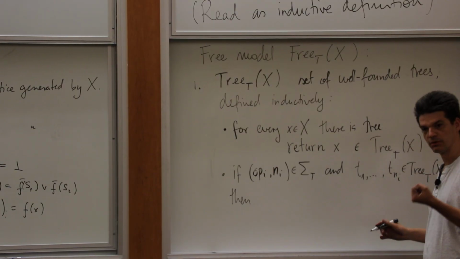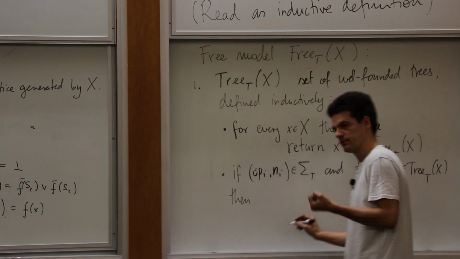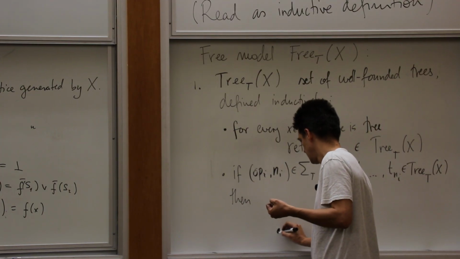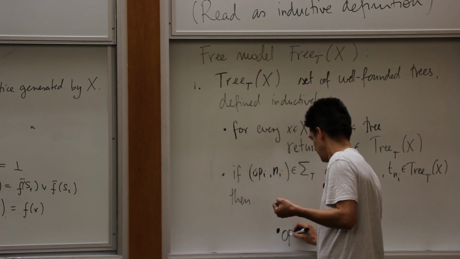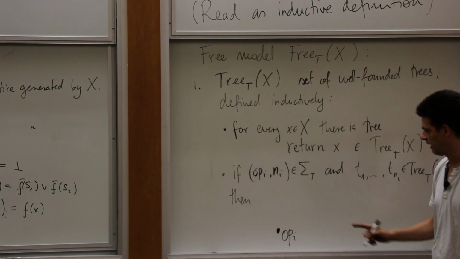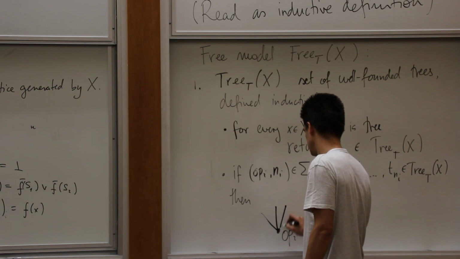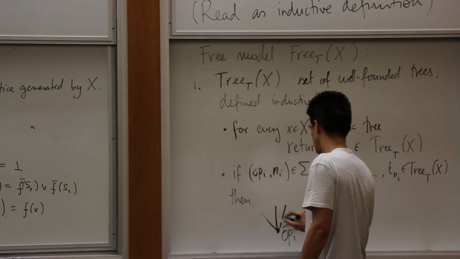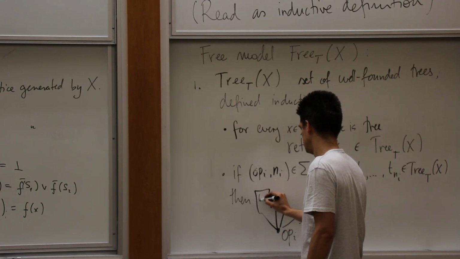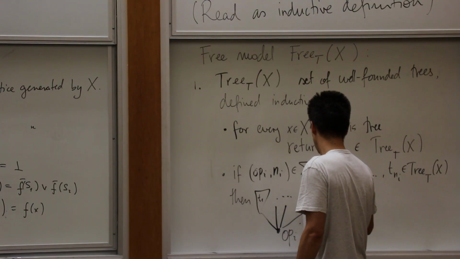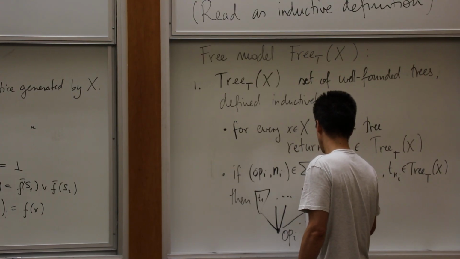But I will draw it, and then I'll give you the notation. So the drawing is this. I have the root of the tree, which is labeled by op_i, and then it has ni subtrees. And so here I have my subtrees, t1 up to t_ni.